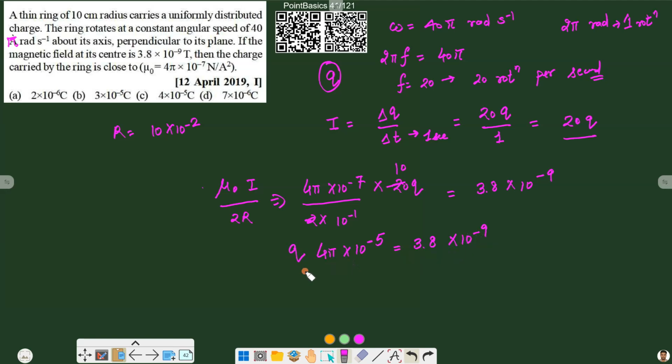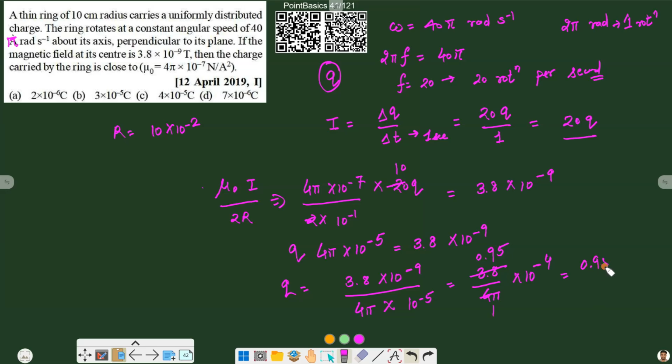So Q will be equal to 3.8 into 10 raised to power minus 9 divided by 4 pi into 10 raised to power minus 5. It can be written as 3.8 by 4 pi into 10 raised to power minus 4, and dividing 3.8 by 4, it will be 0.95.